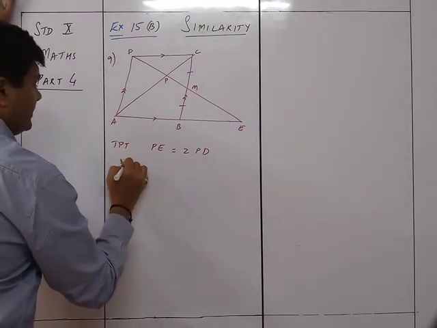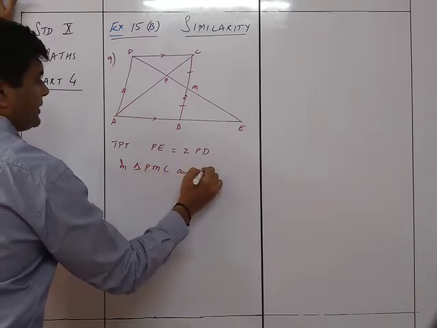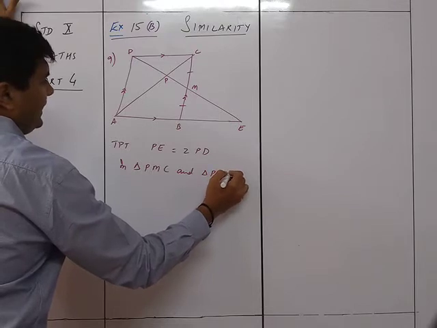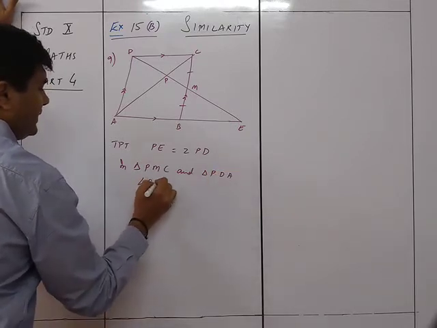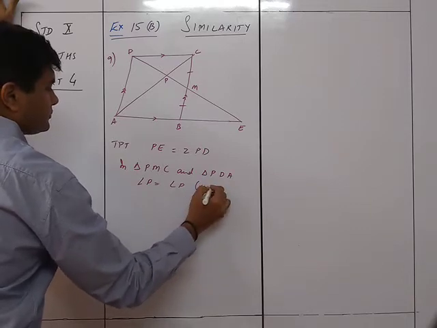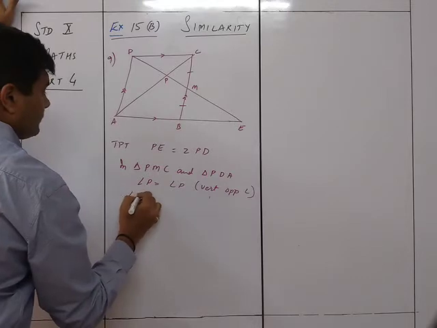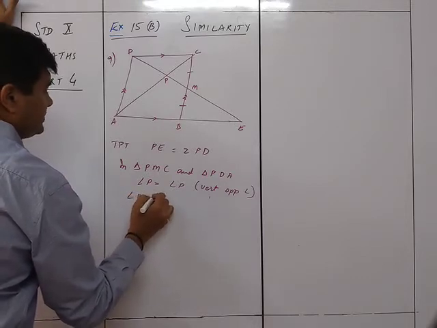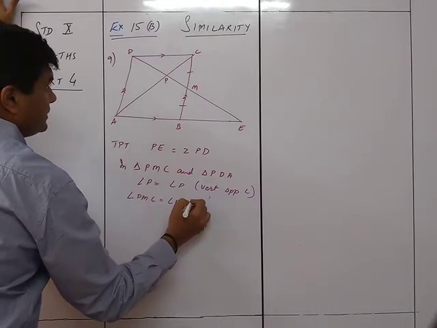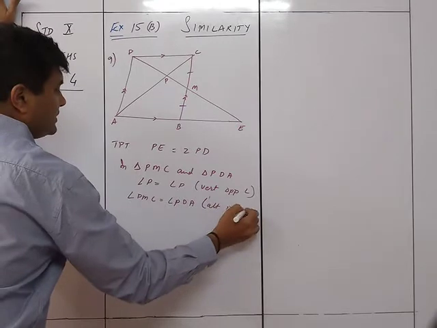So we have in triangle PMC and triangle PDA, angle P is equal to angle P, vertically opposite, and angle PMC is equal to angle PDA, which is alternate interior angles.